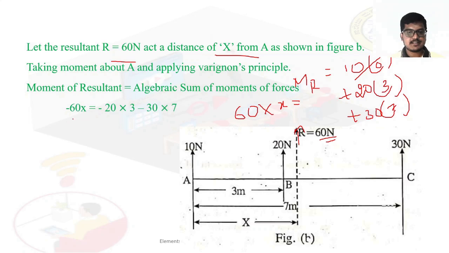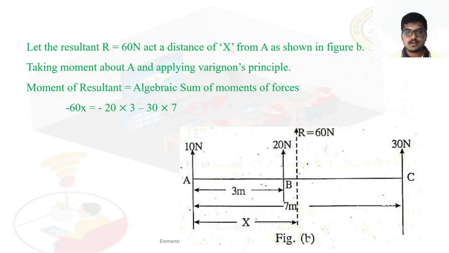So minus 60x. Why minus? Because the resultant is making an anti-clockwise direction about A. It is also very important. About A, R is upward. See, I will show you. About A, R is making an anti-clockwise direction.